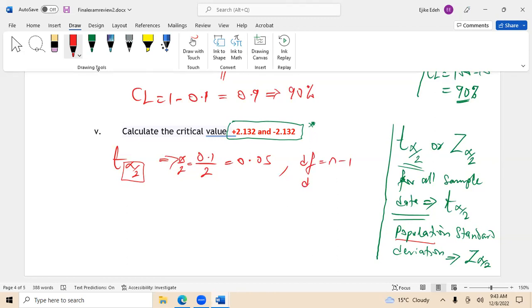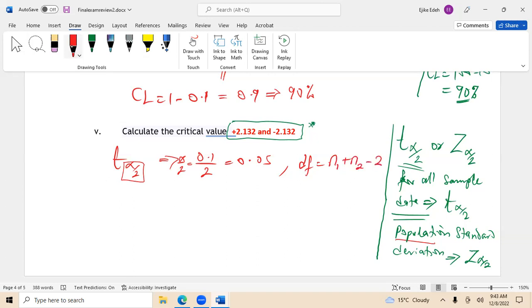This is an independent sample t-test, right? So this is another source of mistake. Degree of freedom here, because we're dealing with two samples, right, will be sample 1 plus sample 2 minus 2.